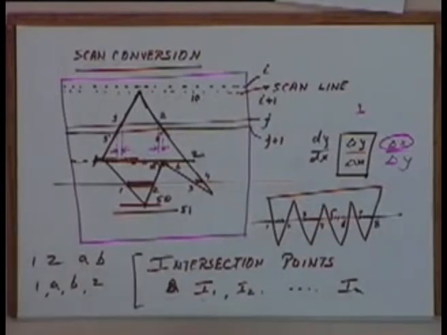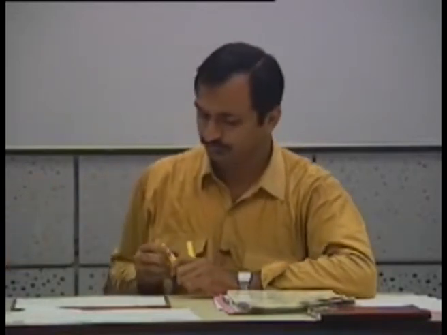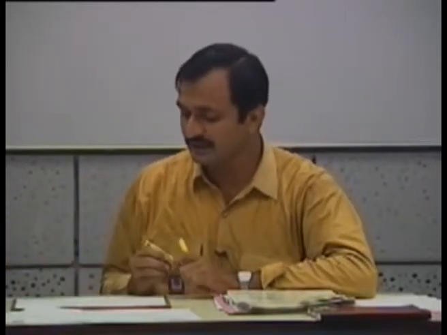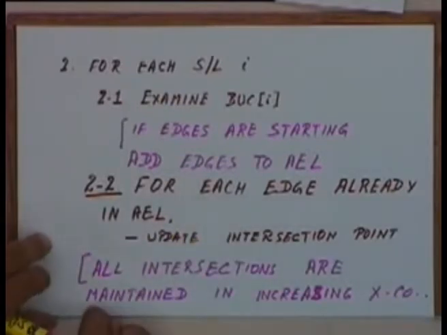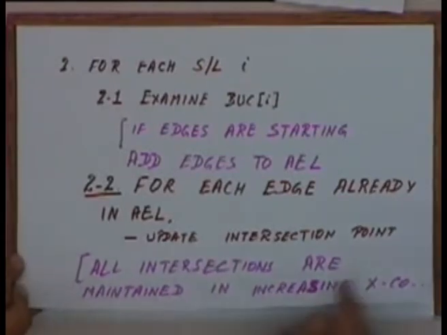They should remain sorted as per x coordinate. So for each edge already in the active edge list, update the intersection points, and while maintaining them, we have to be careful about keeping them sorted as per x.